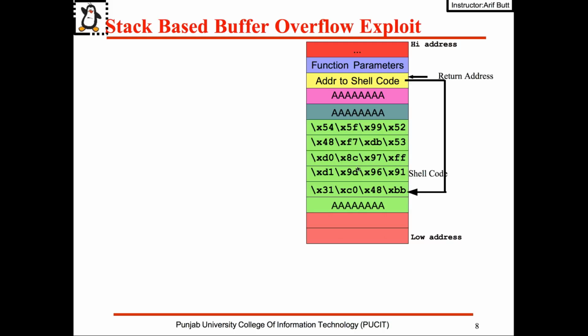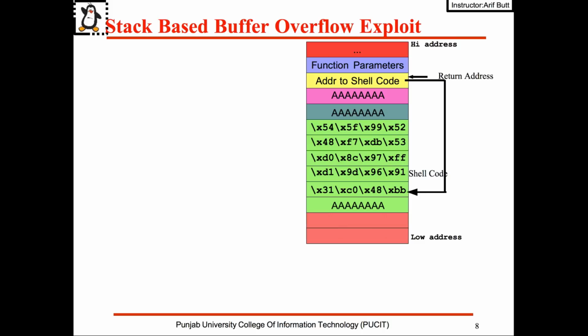The other thing the hacker needs to do is replace this return address saved on the stack with the starting address of where this shellcode is residing. And when this shellcode executes, you may get a root shell on that machine. Well, this is what a classic stack-based buffer overflow exploit is. And this is a place in the ocean of hacking where we are going to do scuba diving in today's and upcoming sessions.